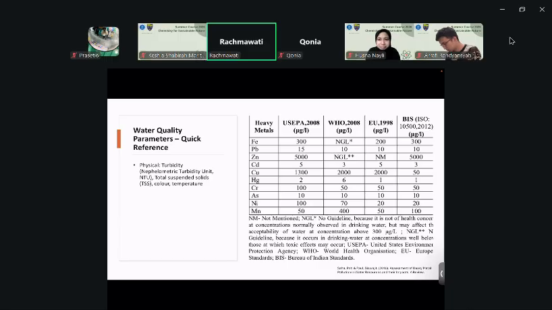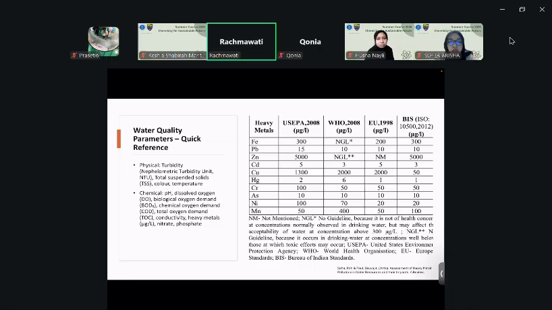You want to have colorless, clean water. So if you see something turbid, cloudy, then you might be suspicious of whether it is healthy or not. And there is also total suspended solids. Water is supposed to be water, so it should not contain any solids in it. And of course, the color also should be colorless, and the temperature should be normal, room temperature.